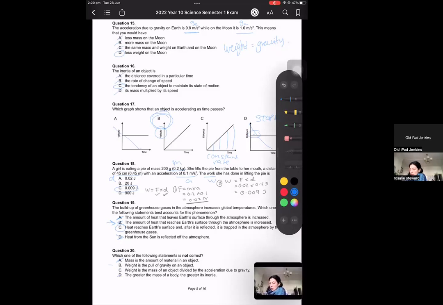Okay, so let's look at these a little bit more closely. Weight is the pull of gravity on an object. That is mostly right. Let's call it pull. Weight is the mass of an object divided by the acceleration due to gravity.